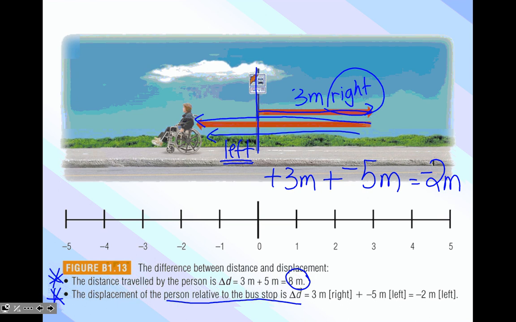Okay, this is what's really important. We use these signs here for the calculation. The negative implies a negative direction. So you have two choices. You either put negative 2 meters or 2 meters to the left.